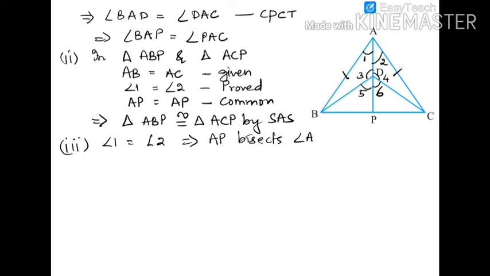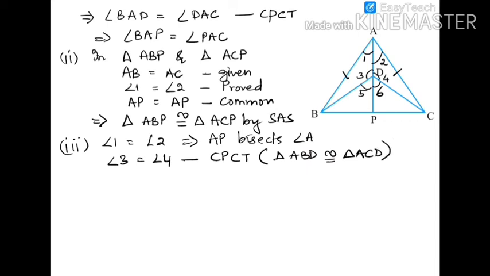Can we say that angle 3 is equal to angle 4? Yes, because these angles belong to triangle ABD and triangle ACD, which we have proved congruent earlier. So angle 3 is equal to angle 4, as they are congruent parts of congruent triangles.